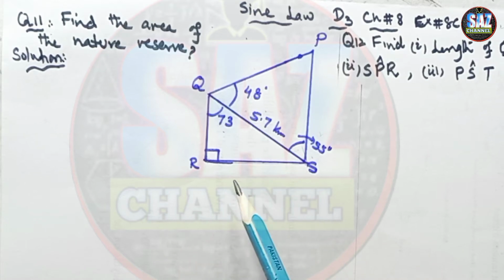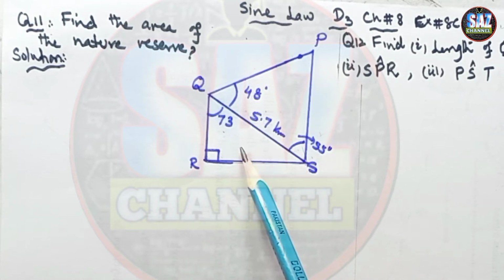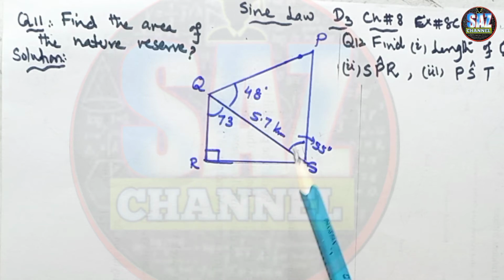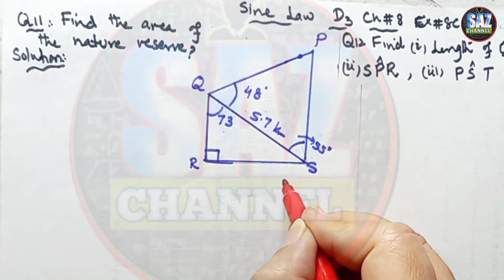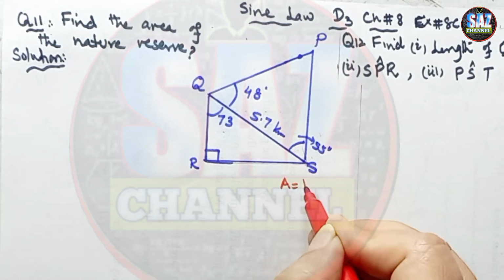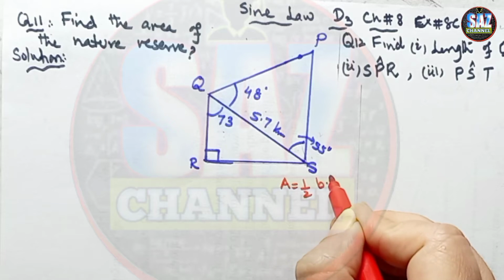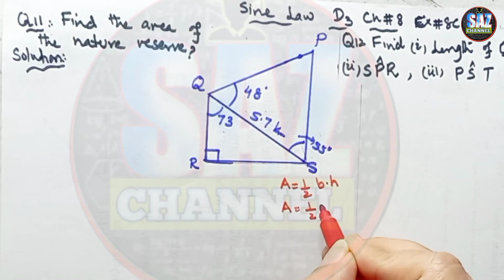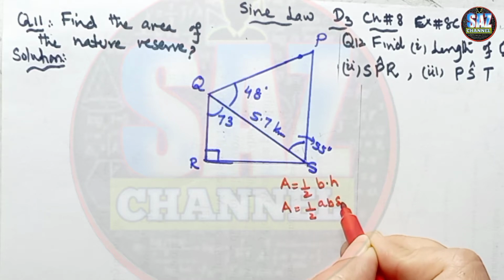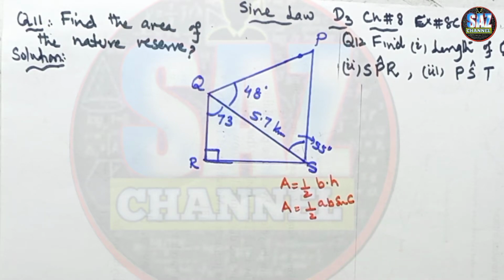Now the problem is how to find the area of these two triangles. As we know, either we can apply the formula for the area of a triangle, half base into height, or area equals half ab sine C, that is two sides and the angle between them.